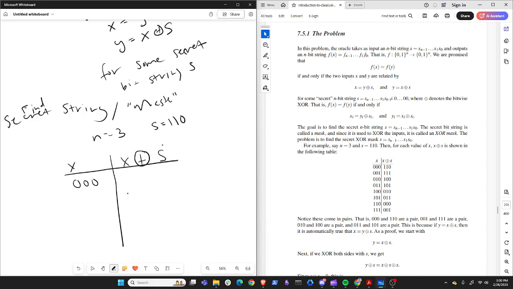With 0, 0, 0 and s being 1, 1, 0, when we XOR this, we get 1, 1, 0. For 0, 0, 1, we get 1, 1, 1. For 0, 1, 0, we get 1, 0, 0, and so forth.